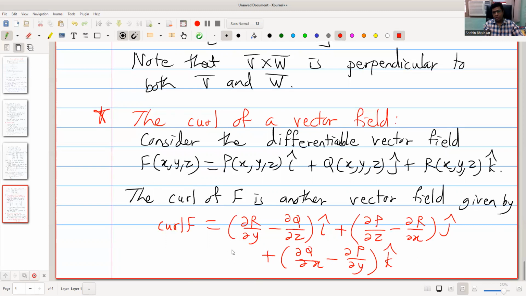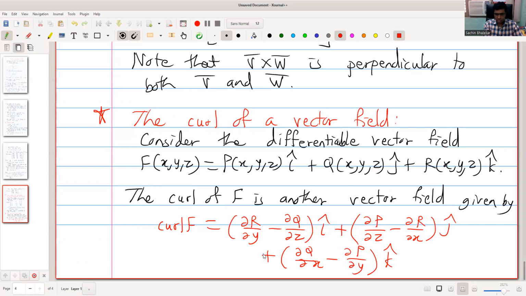Okay. So when we consider the first term, that is the coefficient of i hat, it is partial derivatives of second and third components with respect to y and z. Okay. When we consider j hat, then derivatives of first and third components with respect to z and x.